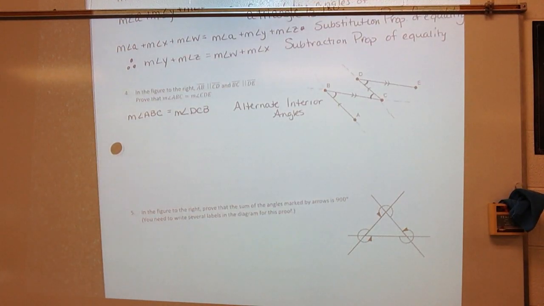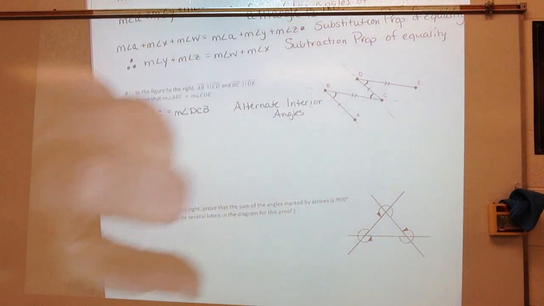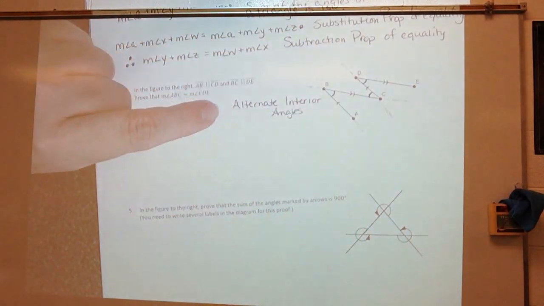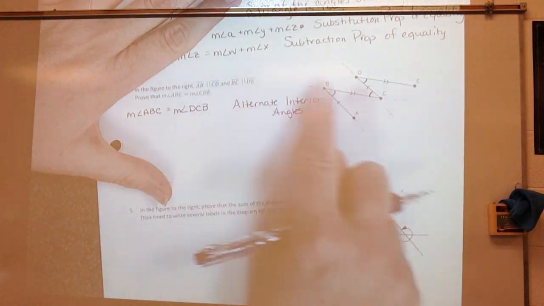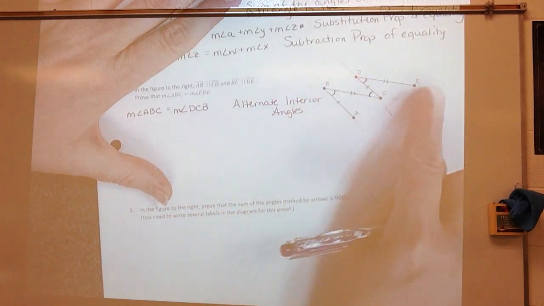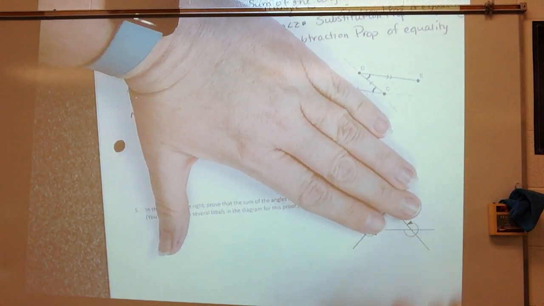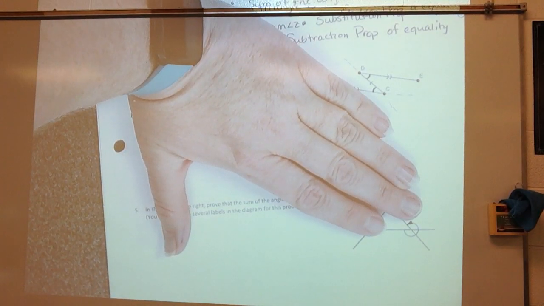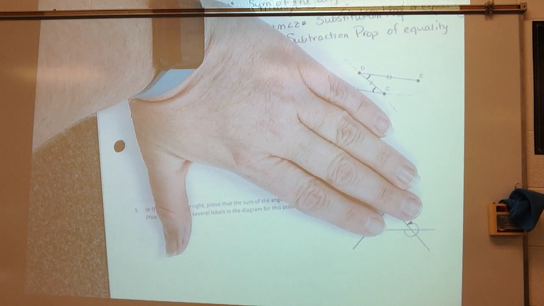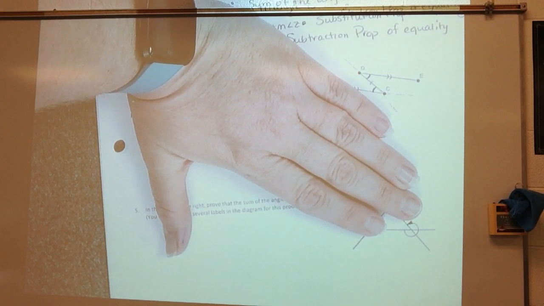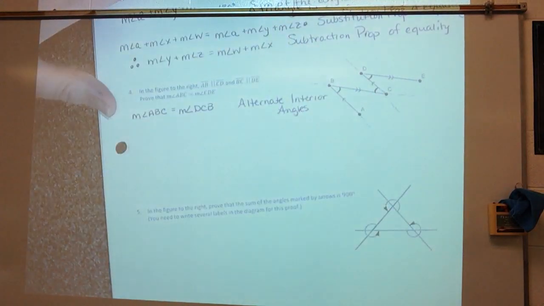All right? So now that I know those two angles are congruent, now let's look at this. Let's go to these two lines that are parallel. Here's my transversal. Guys, what do you see? I now know that the measure of angle DCB is congruent to the measure of angle CDE.